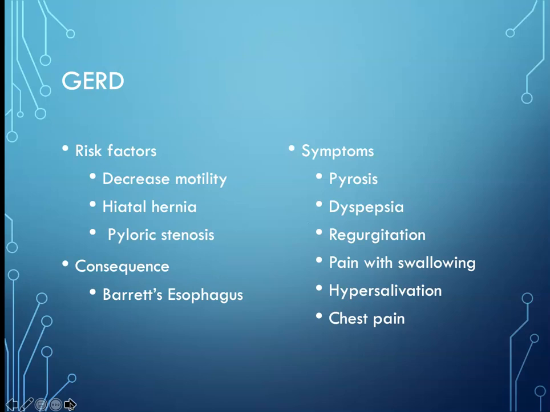And the symptoms include pyrosis, dyspepsia, regurgitation, pain with swallowing, hypersalivation, and chest pain. Pyrosis is basically a fancy word for heartburn, and dyspepsia is that feeling of fullness which can be accompanied with nausea.